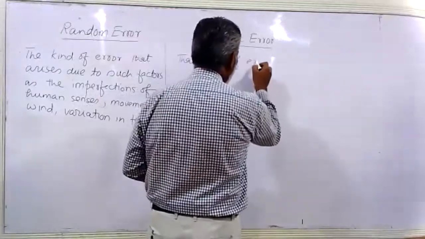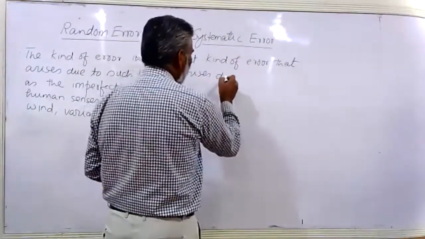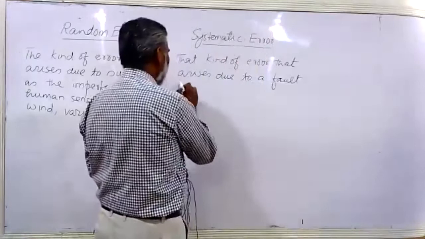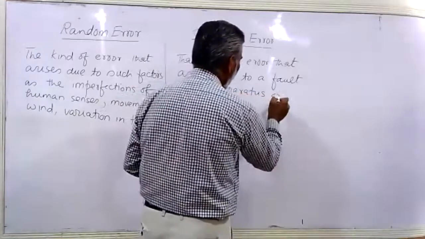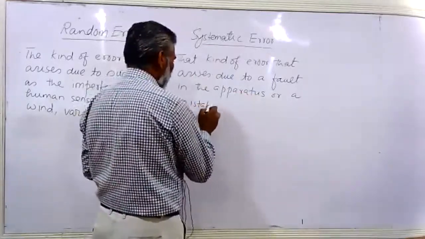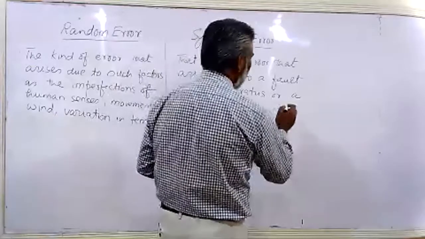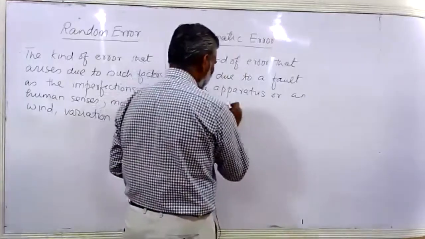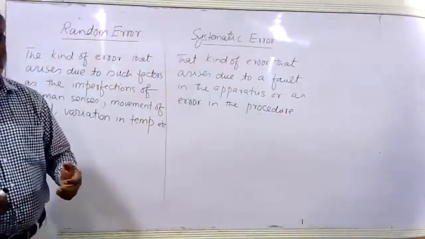that arises due to a fault in the apparatus or a mistake, or let's say an error in the procedure that you repeat in every measurement that you take.